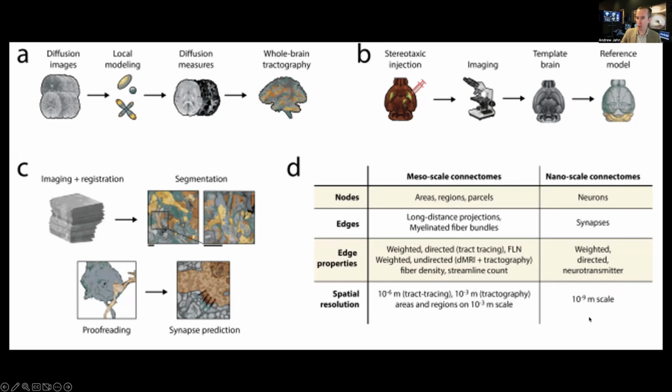So the spatial resolution of nanoscale, it's a few orders of magnitude or more finer resolution than what we're used to with a typical diffusion-weighted or T2-weighted image. And in this case, we have better idea of weighting, about direction, about neurotransmitters or neuropeptides that are being sent across the synaptic cleft.